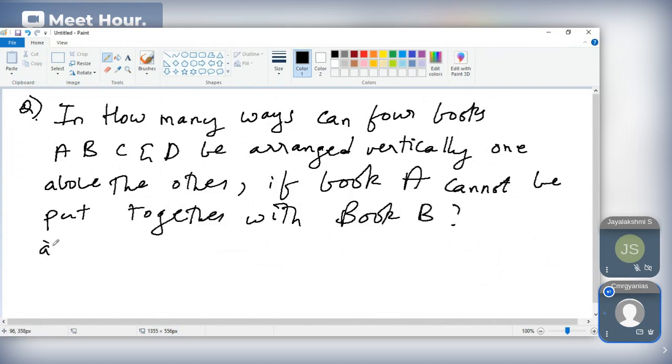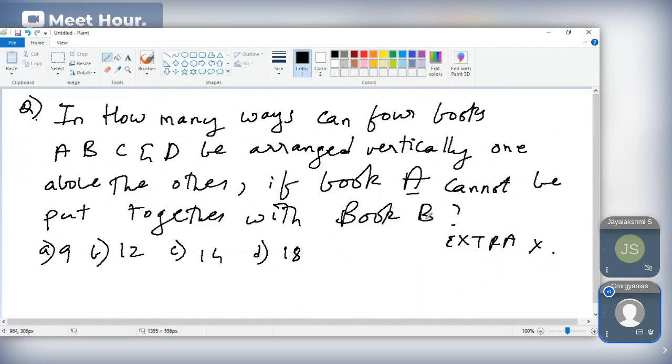I'll give you options. It had come in the exam: 9, 12, 14, and 18. So how to solve this: if you remember the word 'extra', I said the vowels must not be together, same type.